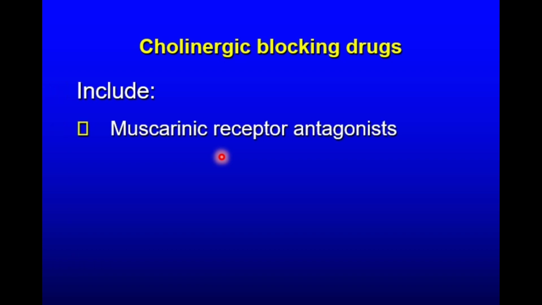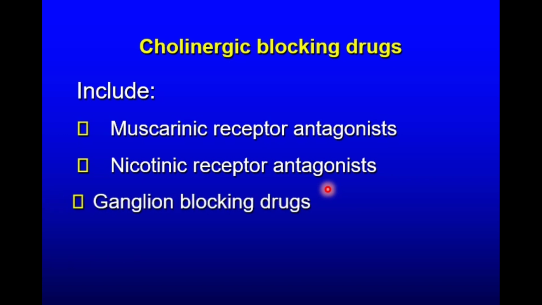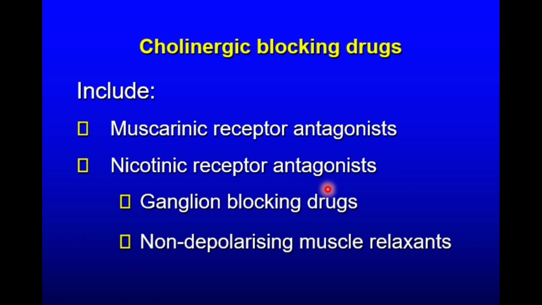First, pharmacology of muscarinic receptor antagonists will be explained, and then pharmacology of nicotinic receptor antagonists on autonomic ganglia, and then at the neuromuscular junction, will be explained, and we will describe them.